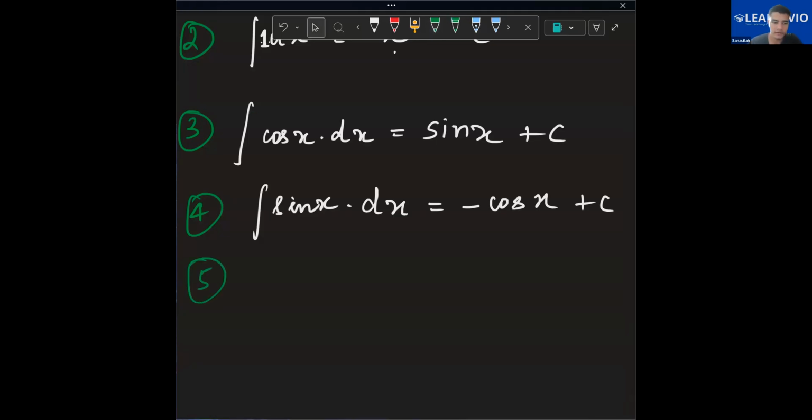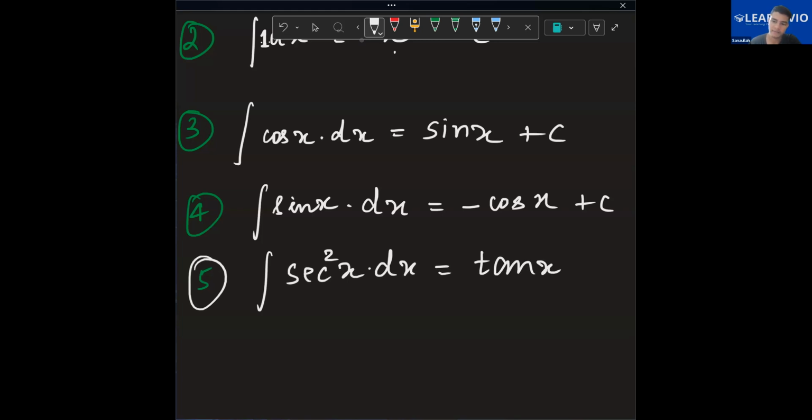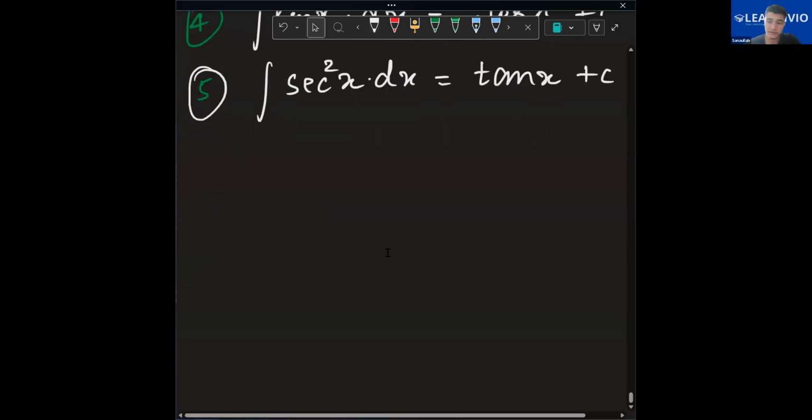And for the fifth one, you have secant square x. Secant square x से क्या होगा? tan x plus c, because the derivative of tan is secant, sorry, secant square.